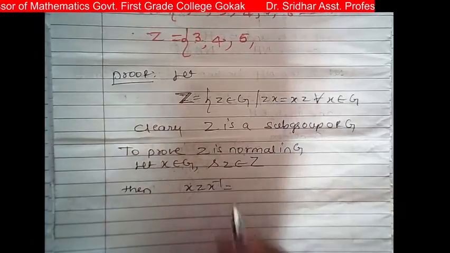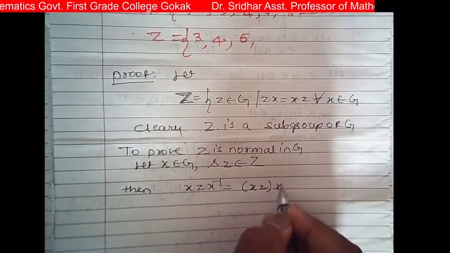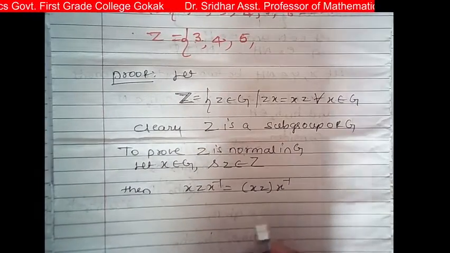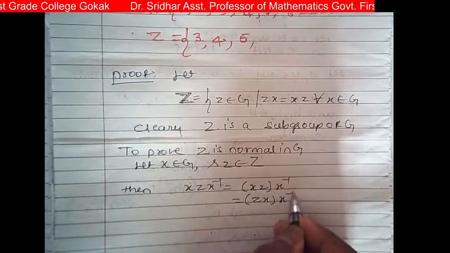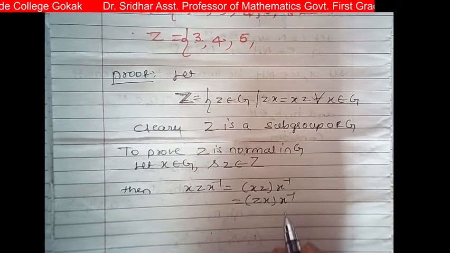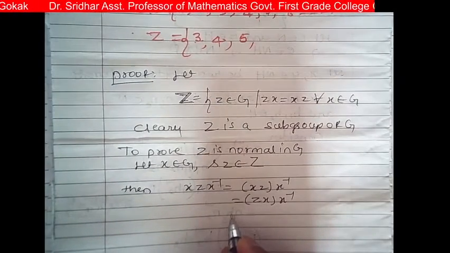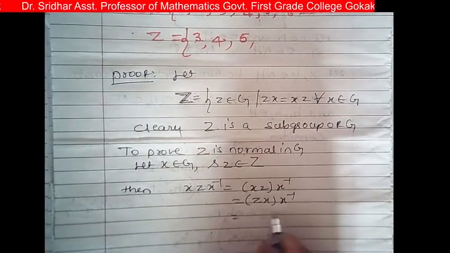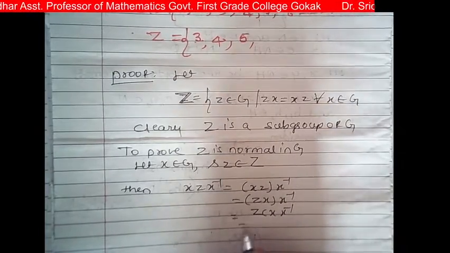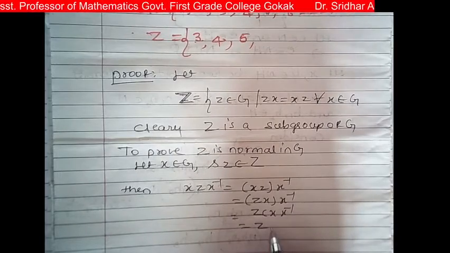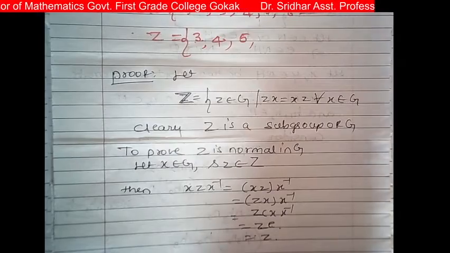xzx inverse, we can write xz as zx, so zx into x inverse. Now this can be written as z into, grouping x into x inverse, which is equal to e, so z into e is z only.